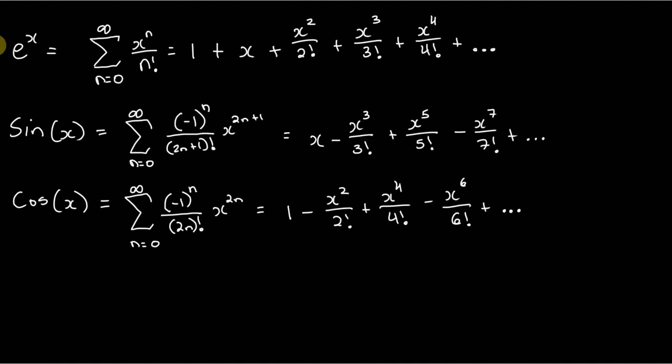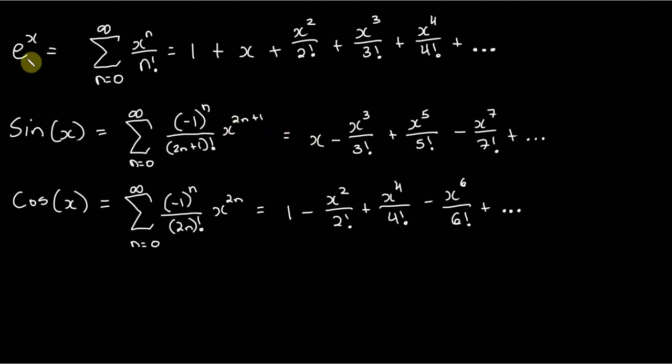Now, what's really striking when one considers the Maclaurin series for e to the power of x, sine of x, and cos of x is the early moments, one could describe it, of the emergence of a peculiar pattern.